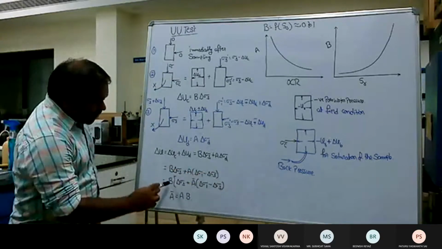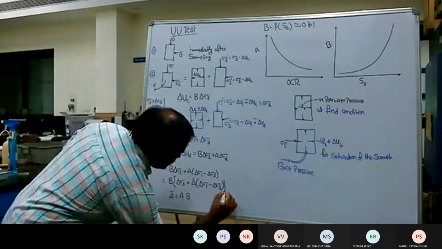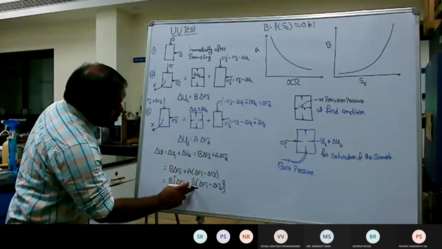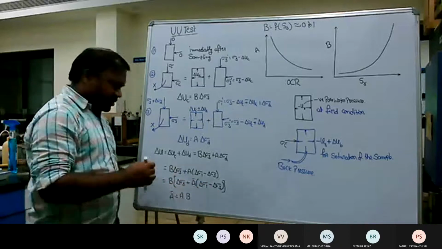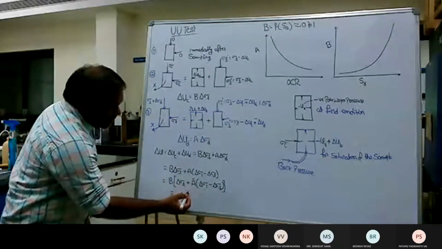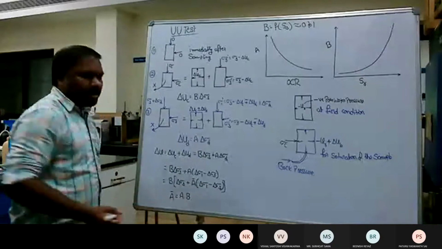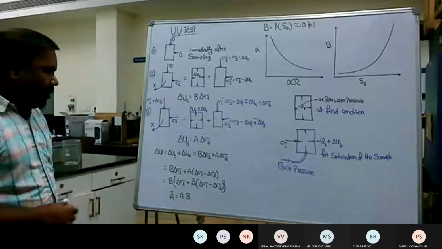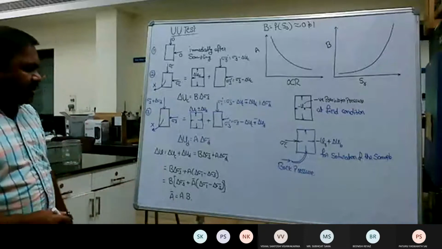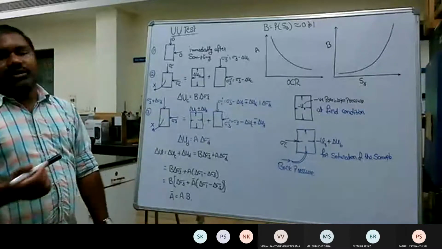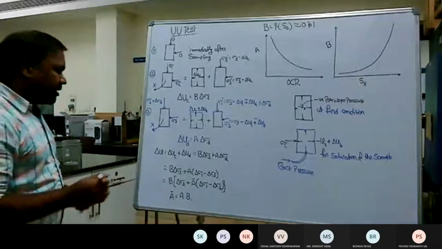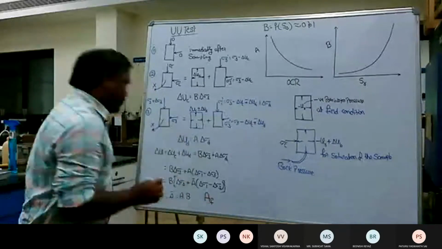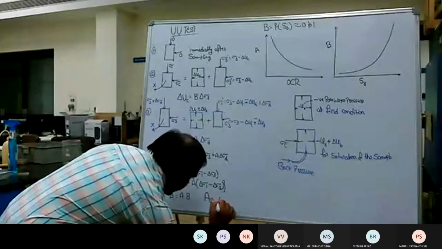It is written in the form of B into delta sigma 3 plus A bar into delta sigma 1 minus delta sigma 3, where A bar can be written as the product of A multiplied by B. While sometimes the same equation is written in the form of the final pore water pressure parameter, that is AF, which corresponds to delta UF.